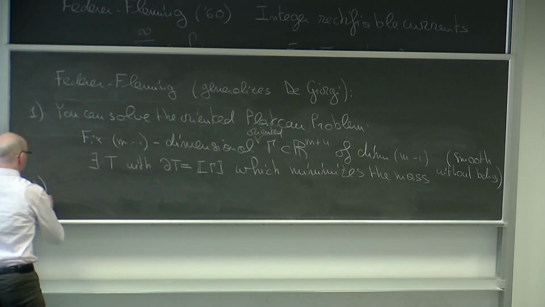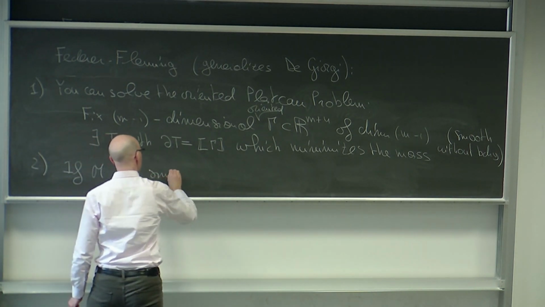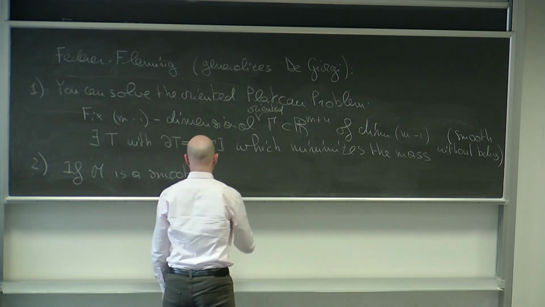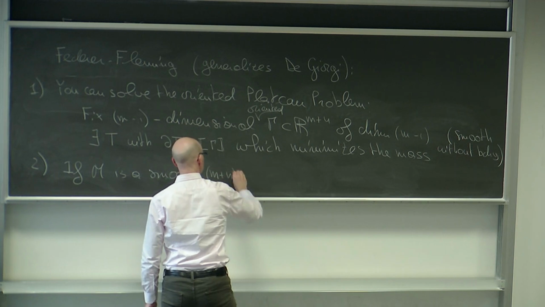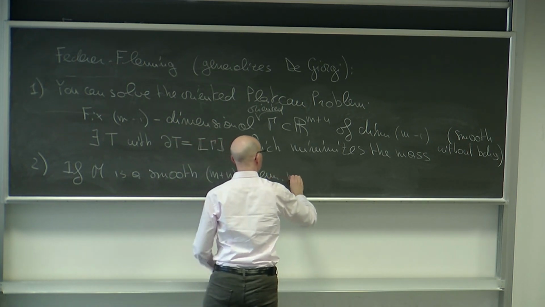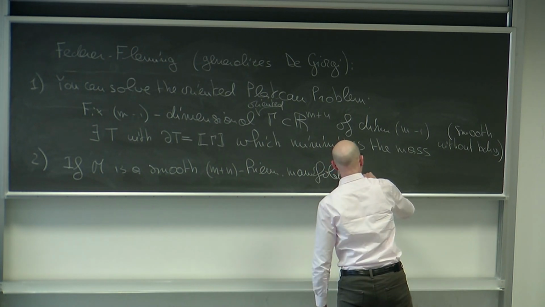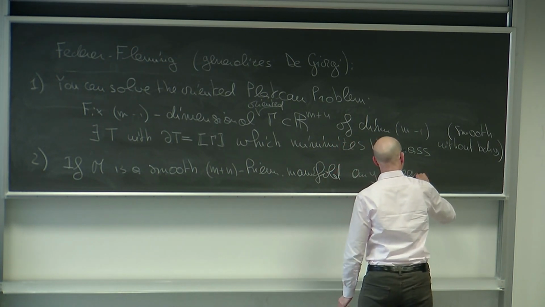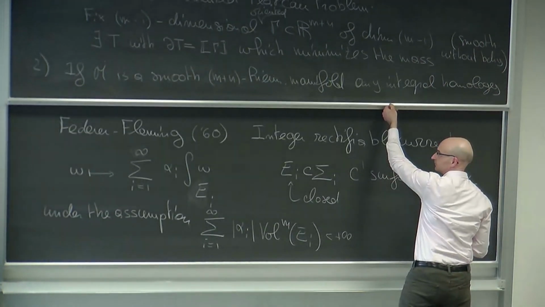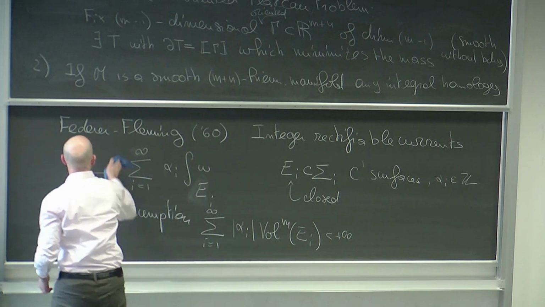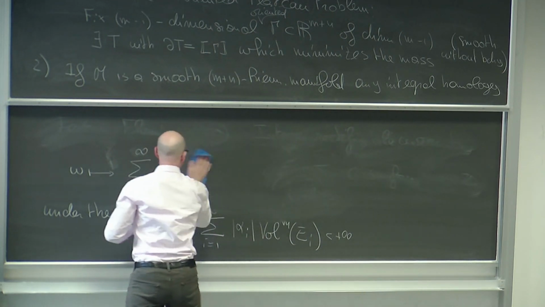More in general, if, say, M is a smooth M plus N dimensional Riemannian manifold, any integral homology class of M can be represented by a minimizer among integral currents in that homology class.